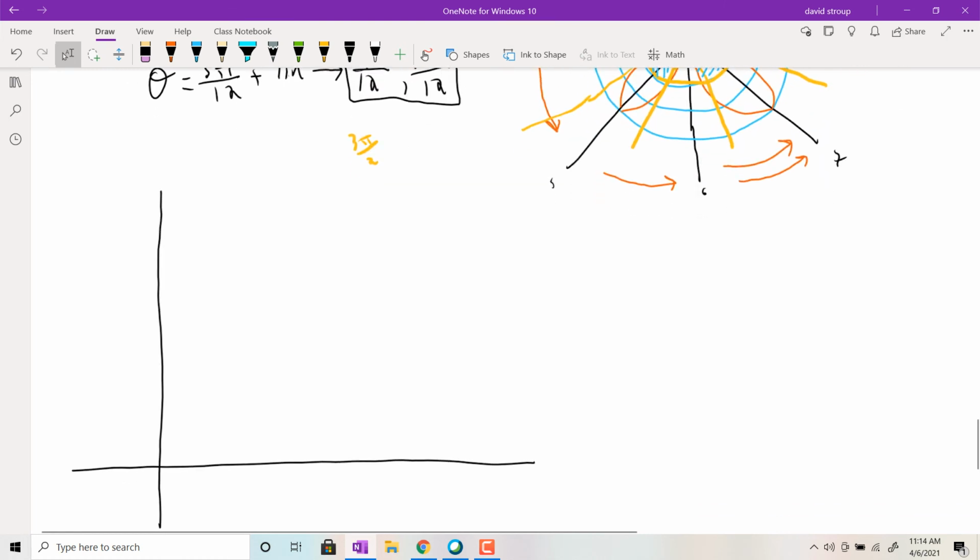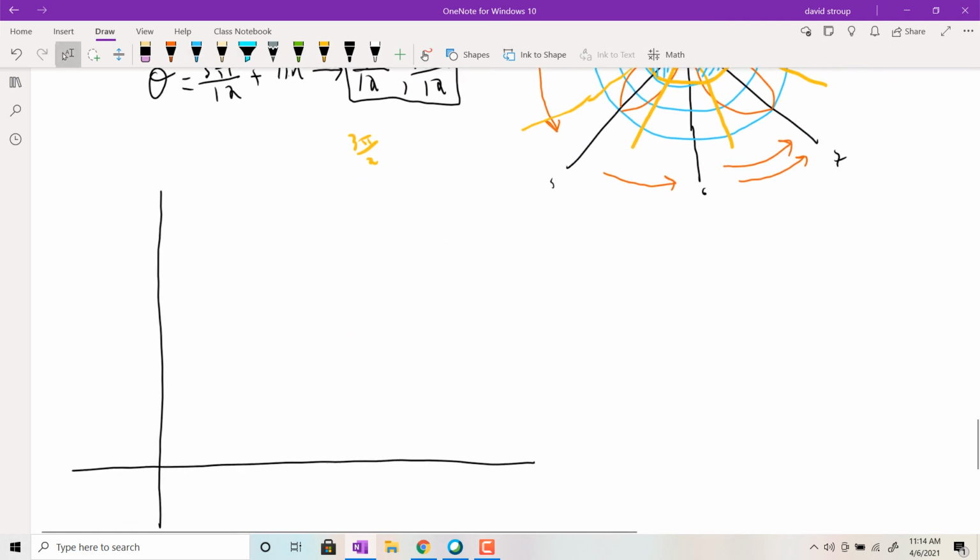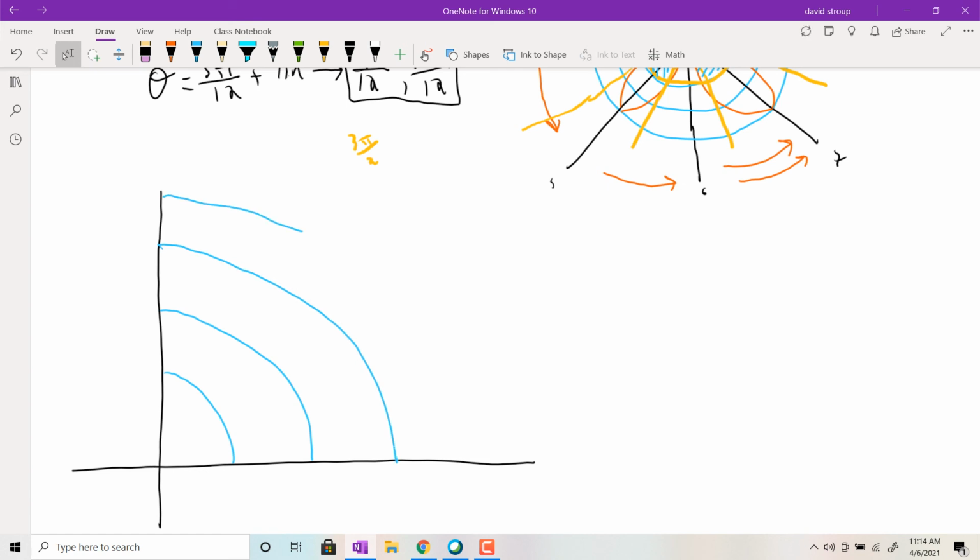Okay. So anyways, zooming in to just the first quadrant, I'm going to need basically 4 parts of a circle here. 1, 2, 3, 4. Okay. And then that one is r equals 2, and I put that one in yellow.